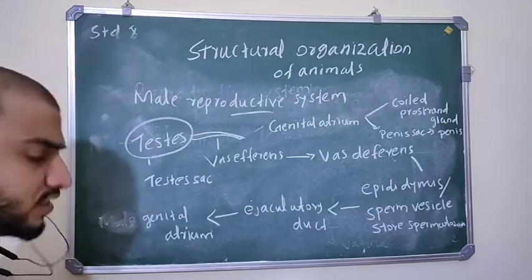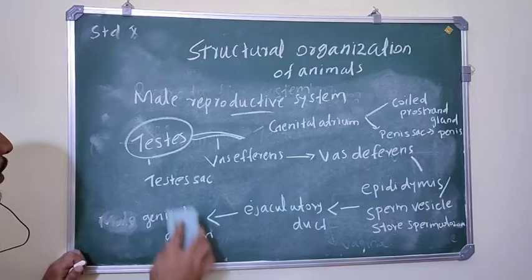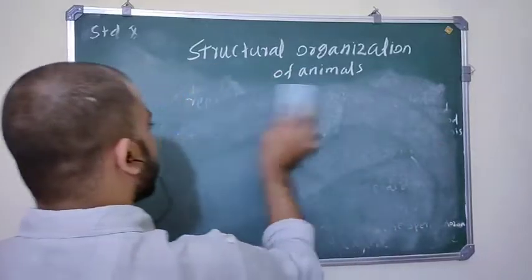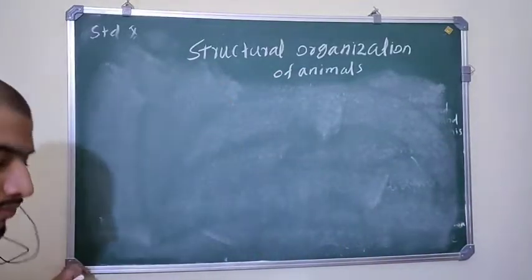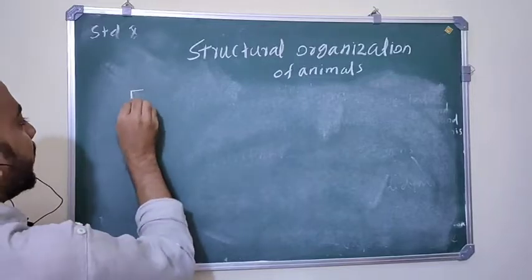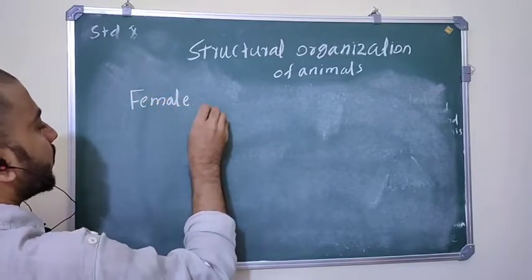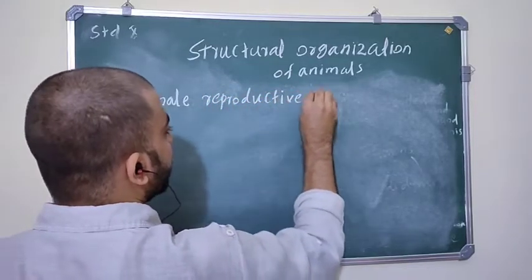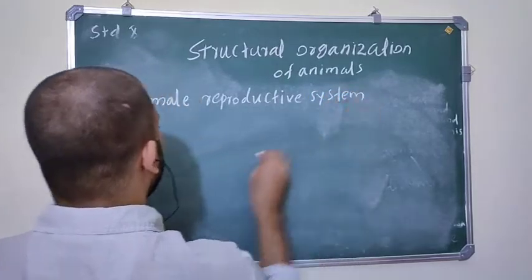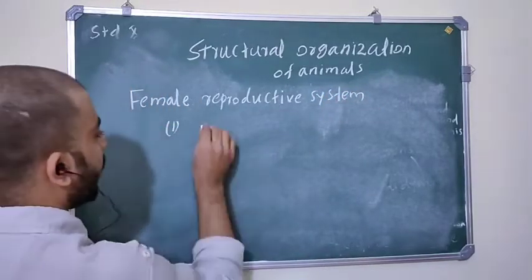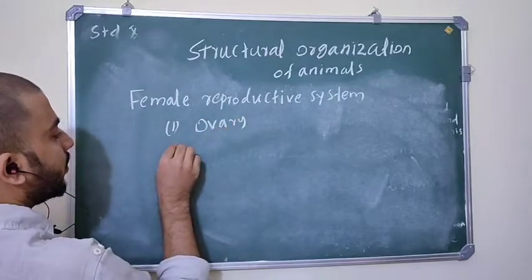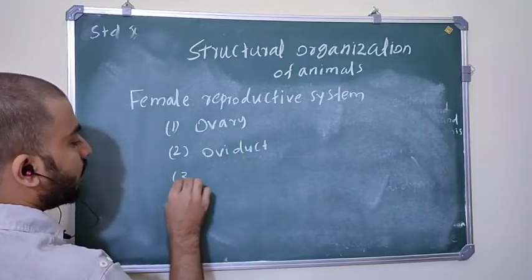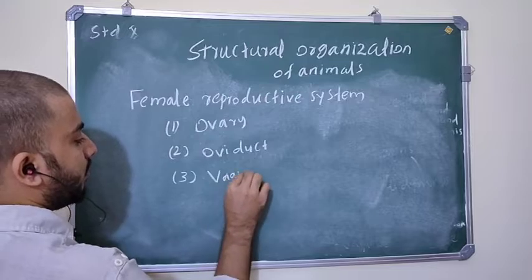Okay. Next we are going to discuss the female reproductive system, which consists of the ovary, the next one oviduct, then the third one vagina.